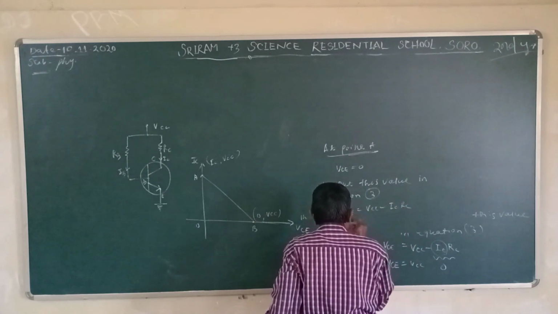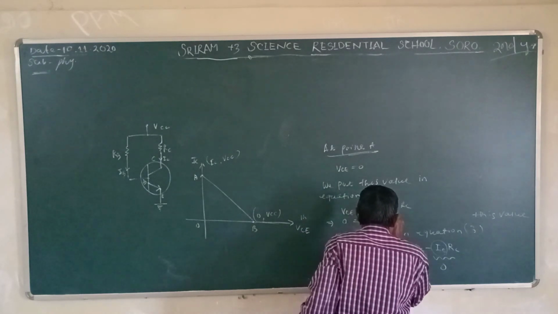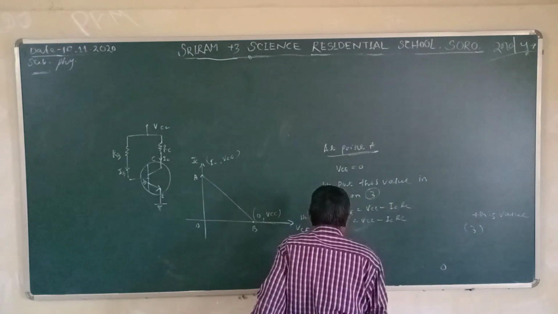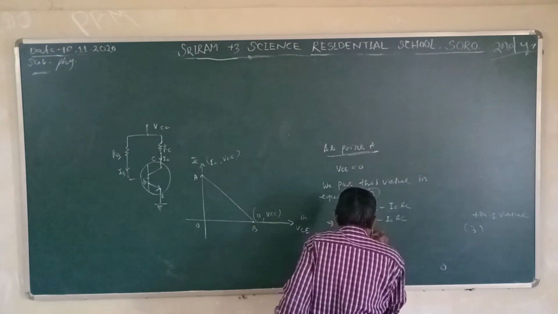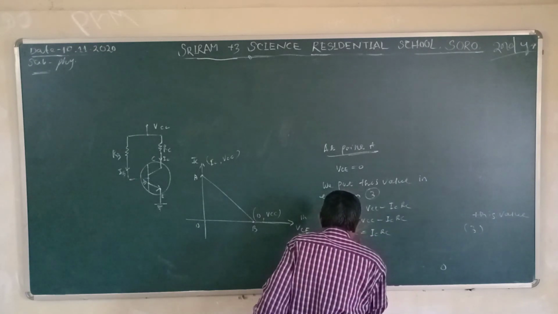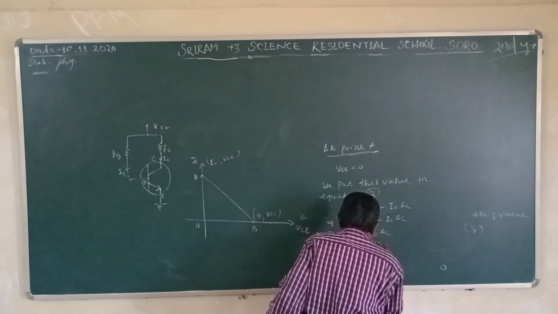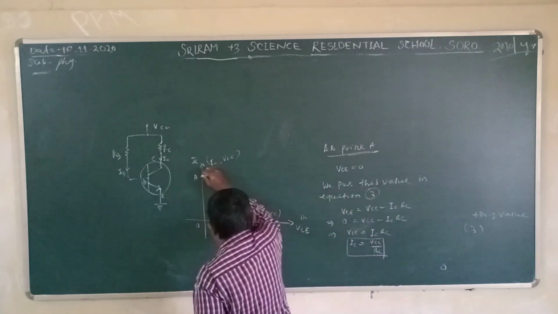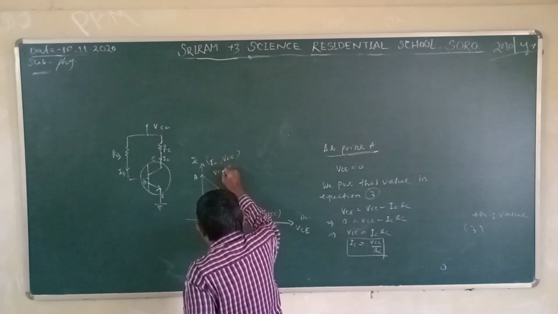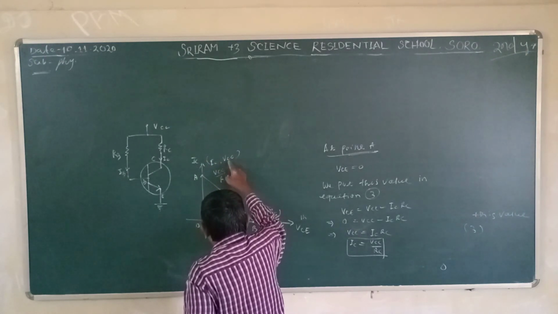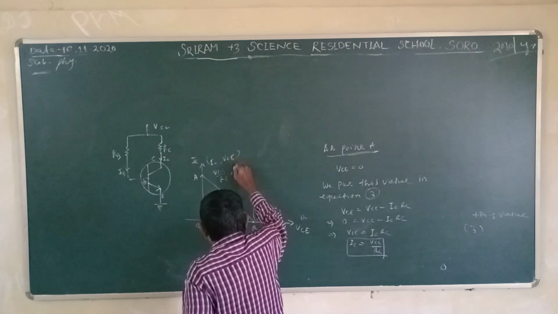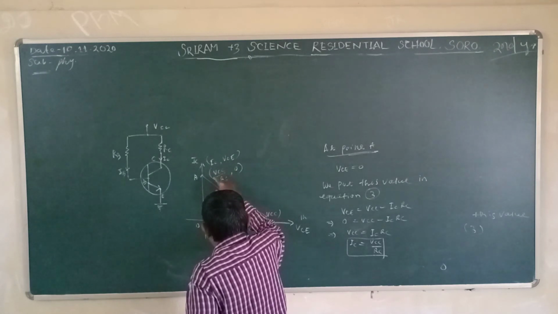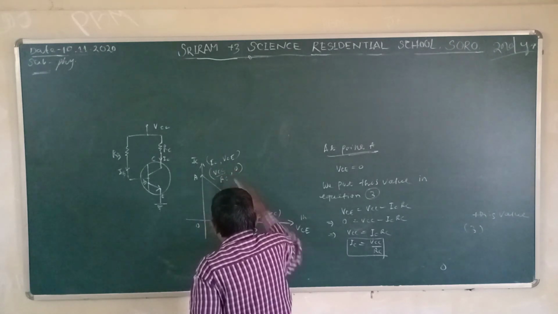Now VCE equal to 0, so VCC equals ICRC. Now IC equal to VCC by RC. So the value of IC at point A is VCC by RC, and VCE equal to 0. So VCC by RC is the current and that is the voltage.